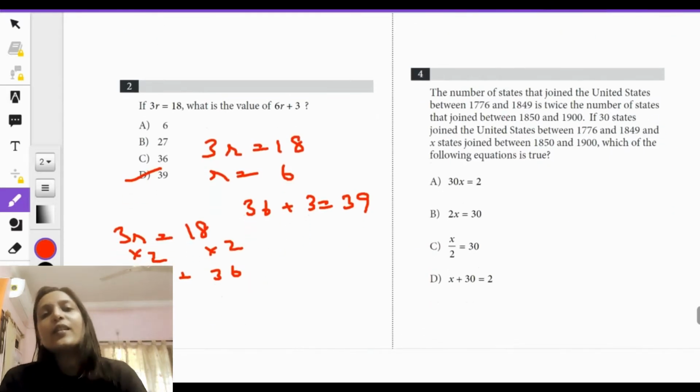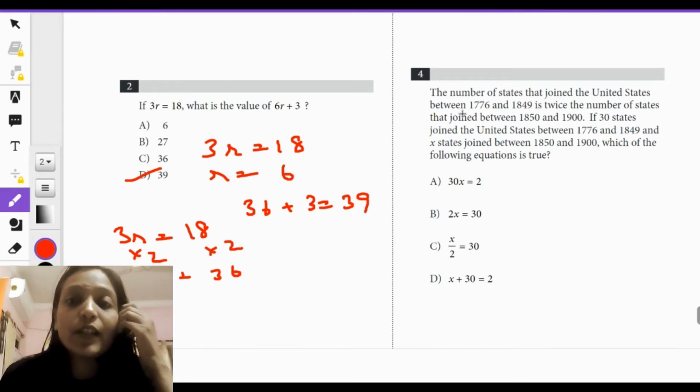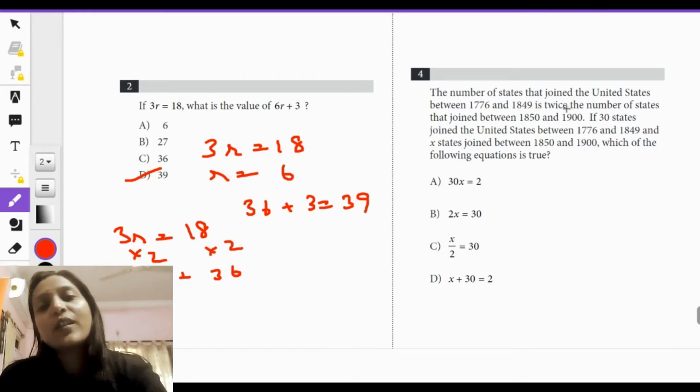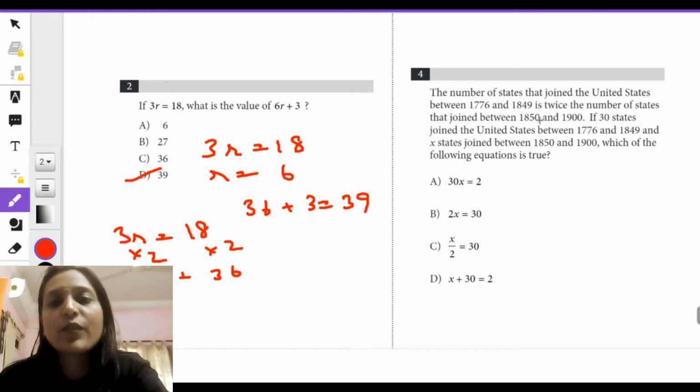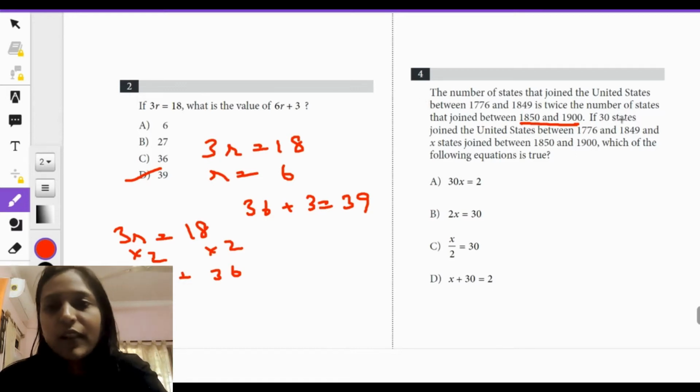Now, the fourth question: the number of states that joined the United States between 1776 and 1849 is twice the number of states that joined between this time. So if the number of states that joined here is x, then this is going to be twice that. If 30 states joined in total, and x is the number of states, which of the equations is true?